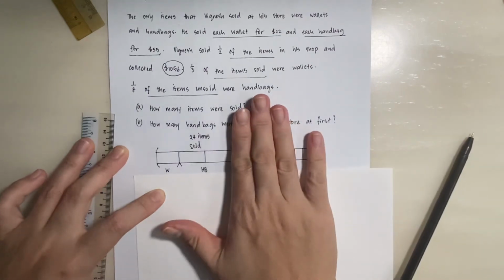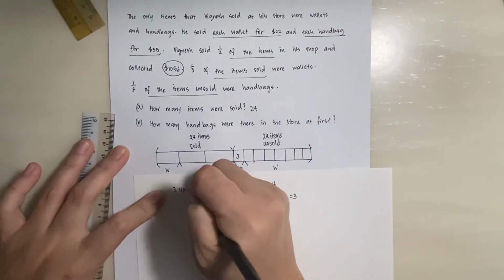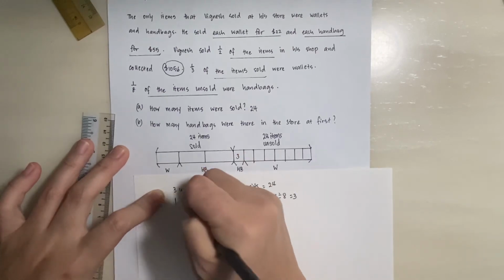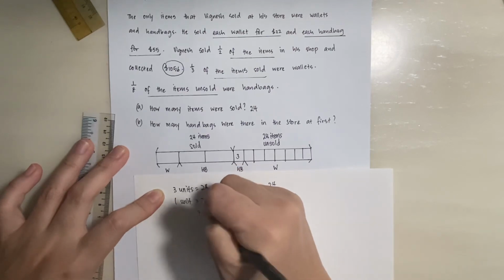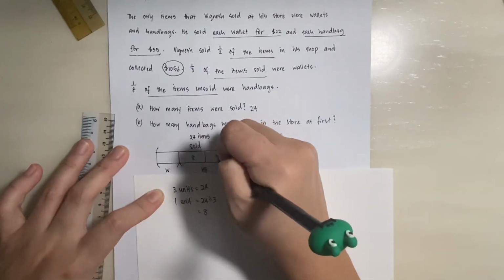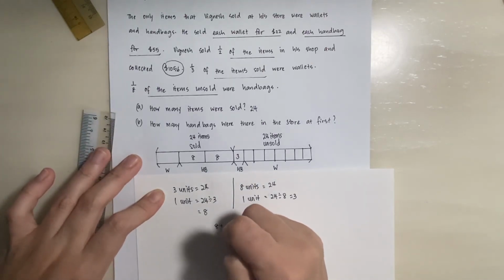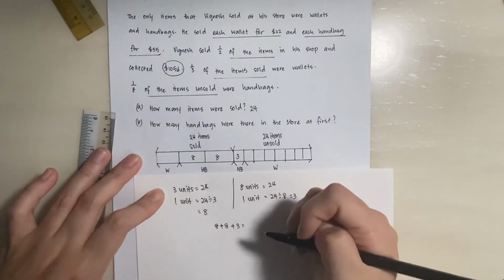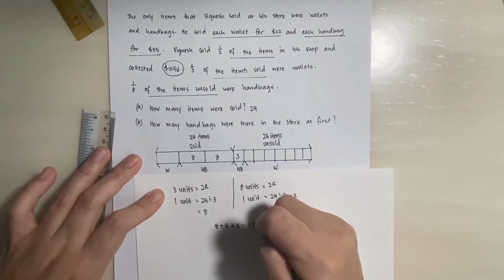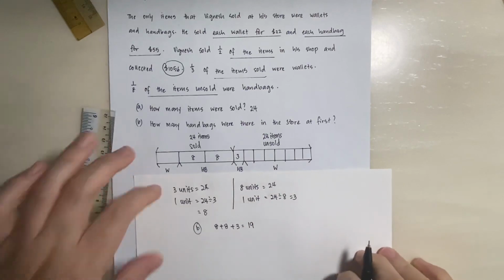But if I cover this part and I look at the sold portion, I would have 3 units equals 24. 1 unit equals 24 divided by 3. I know that I would have 8 here and 8 here. So my last part is to find out how many handbags were there in the store at first. I will need to use 8 plus 8 plus 3. I will be getting 8, 16, I will be getting 19. So I would have 19 handbags in total at first.